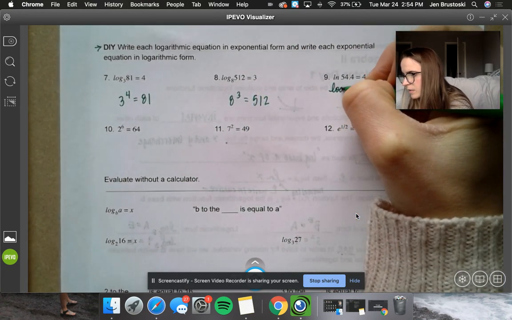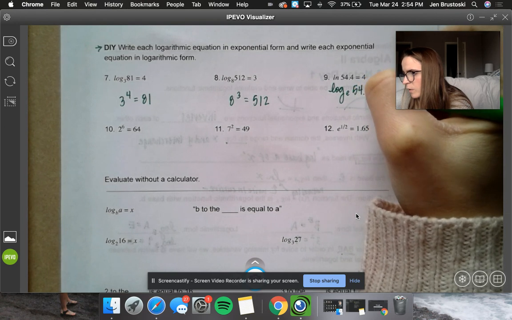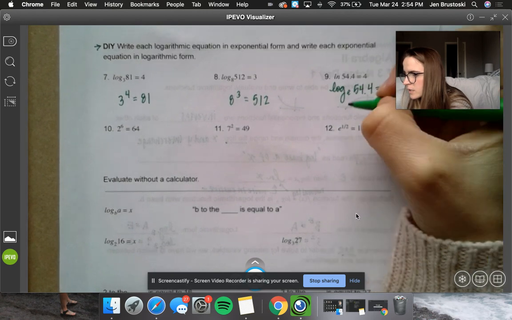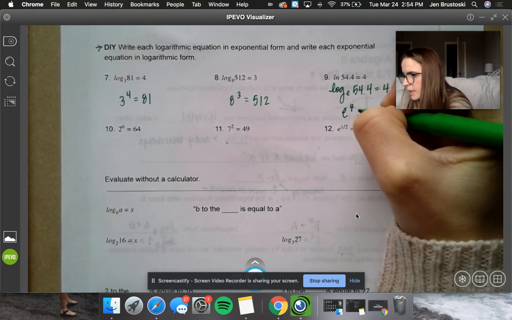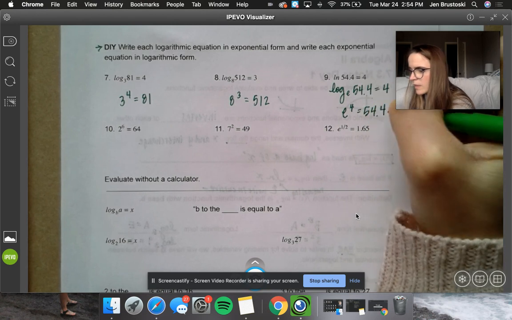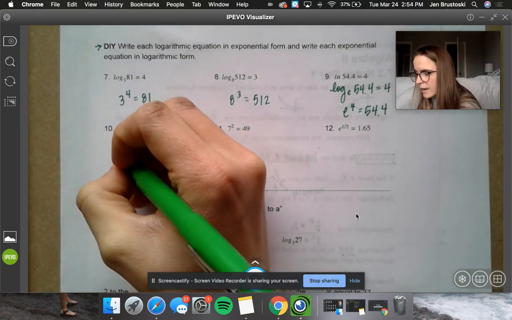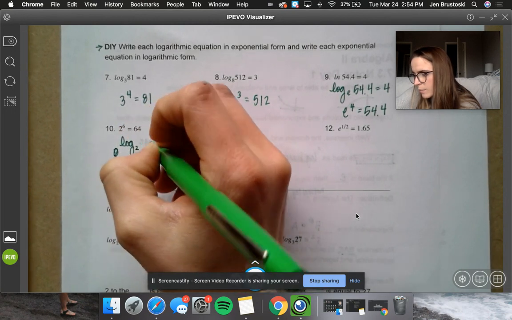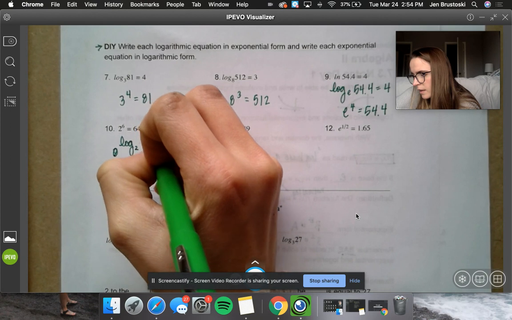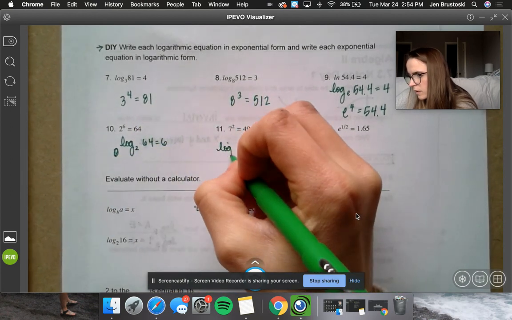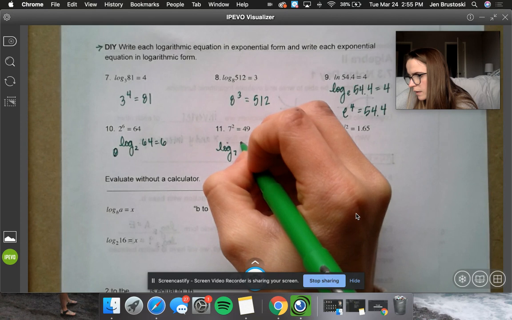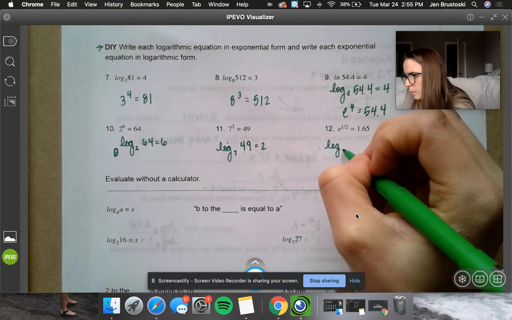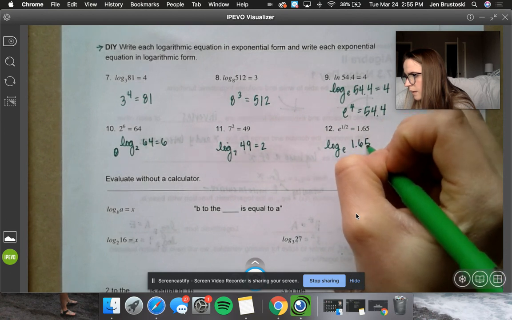This one let's rewrite as log base e of 54.4, since that is an ln. So we've got base, exponent, answer. This way we're going to log form, so we have log base b of a, log base b of a, and log base b of a.